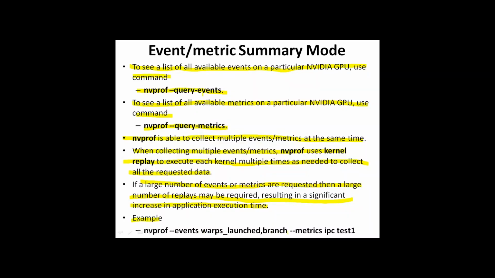A branch is another event. And --metrics ipc is one of the metrics, the instructions per cycle, and then the name of the application. So this is the sample output. If it is not clearly visible, I will run it again in the command prompt.